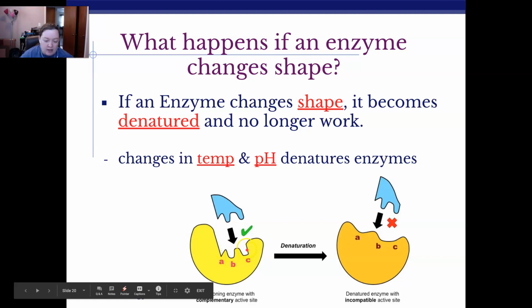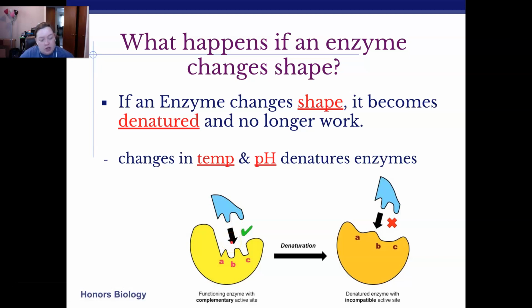We call this our active site. It fits perfectly with the substrate. Everything is good. But if we change the temperature, or we change the pH away from the optimal temperature, or the best temperature, the enzyme changes shape. And let's say now it looks like this. These two don't fit together anymore. If they don't fit together anymore, it can't work.